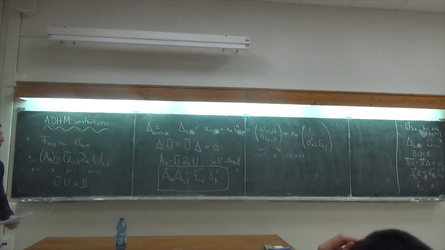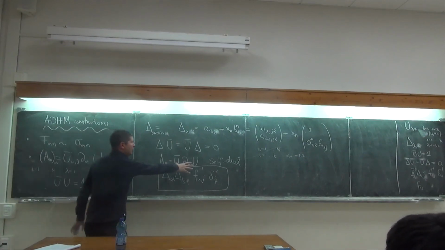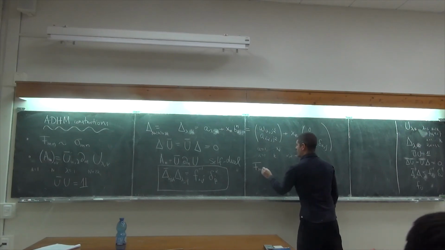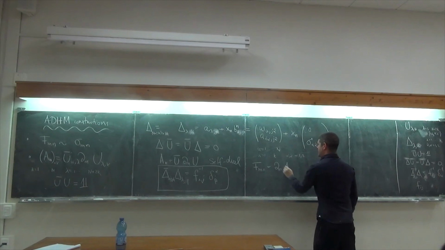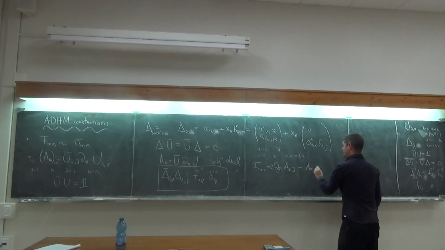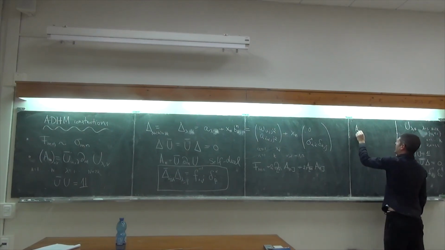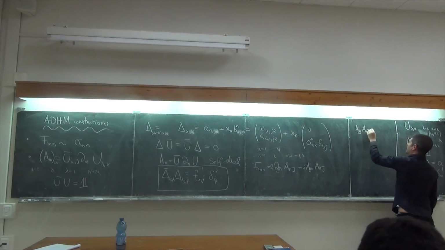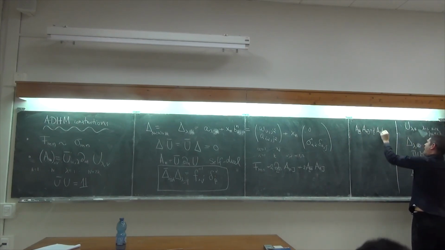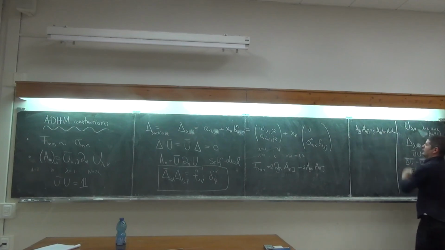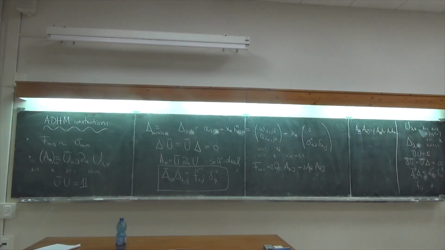Now it's very simple. We have this matrix. We should compute the field strength. Let's compute the field strength. F mn was defined as the antisymmetric part of d_m A_n, that is, one half of the antisymmetrization in m and n.